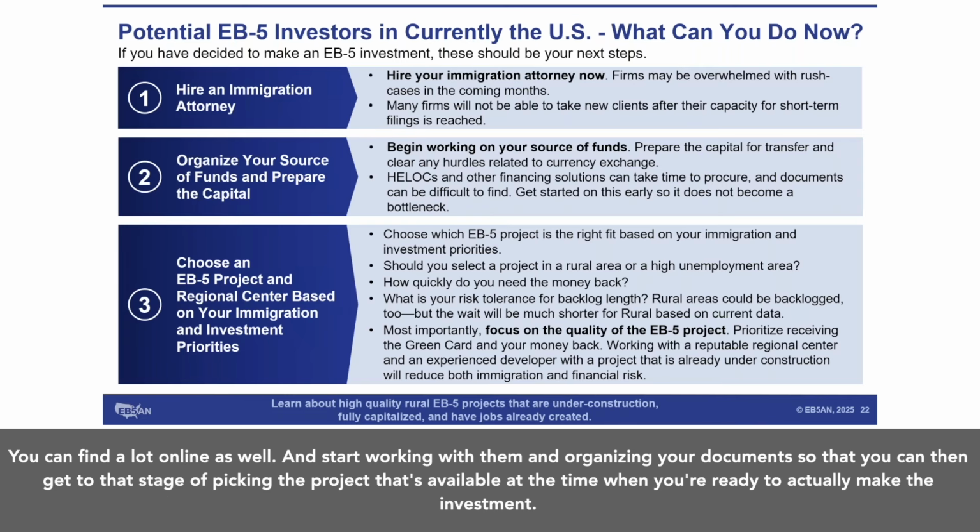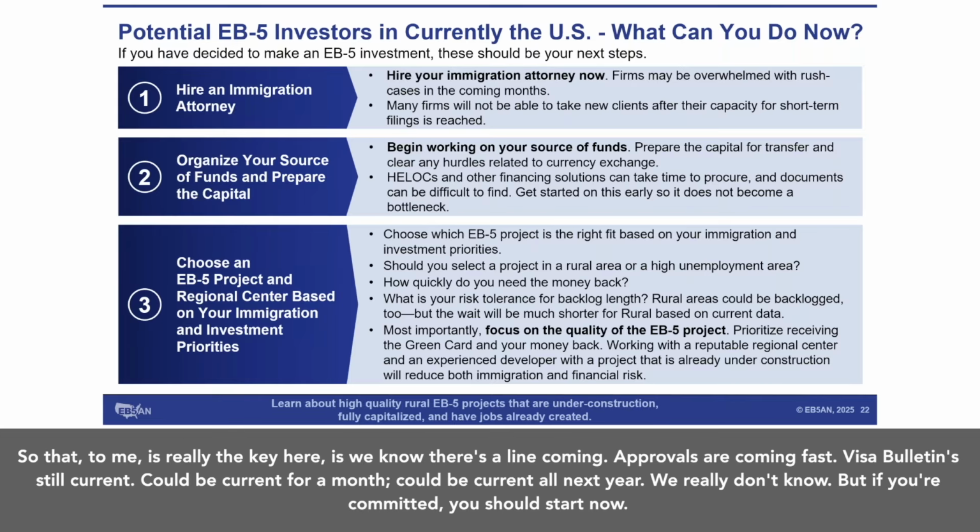You can find a lot online as well, and start working with them and organizing your documents so that you can then get to that stage of picking the project that's available at the time when you're ready to actually make the investment. That to me is really the key here. We know there's a line coming. Approvals are coming fast. Visa bulletin's still current. Could be current for a month. Could be current all next year. We really don't know. But if you're committed, you should start now.